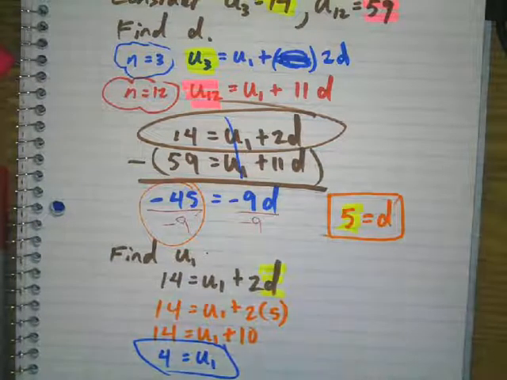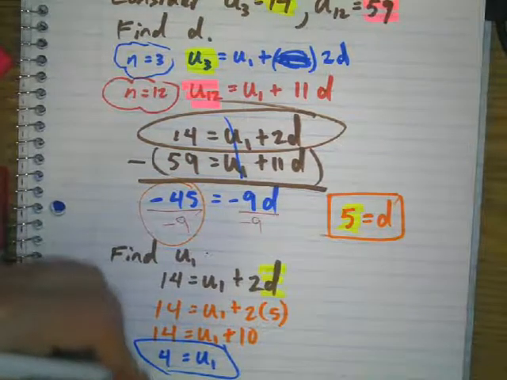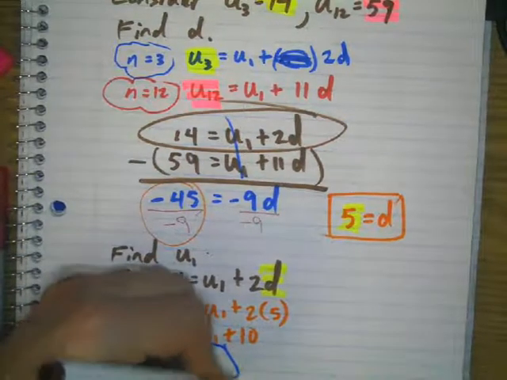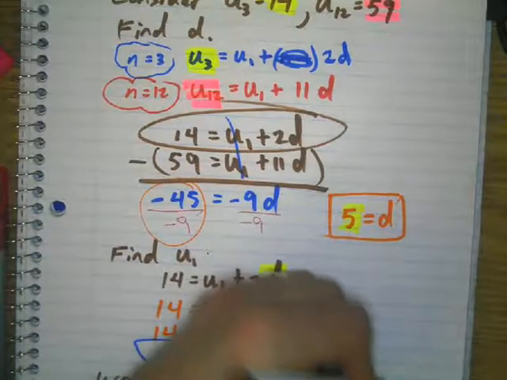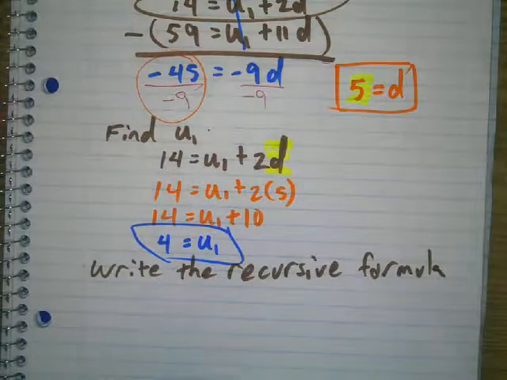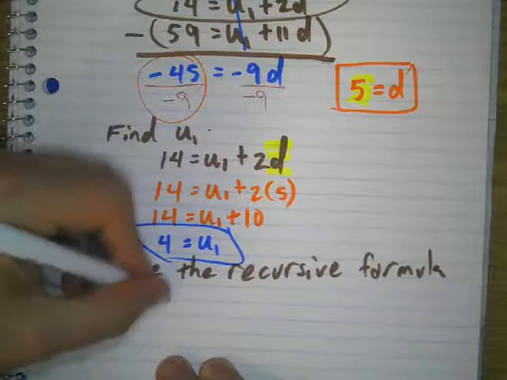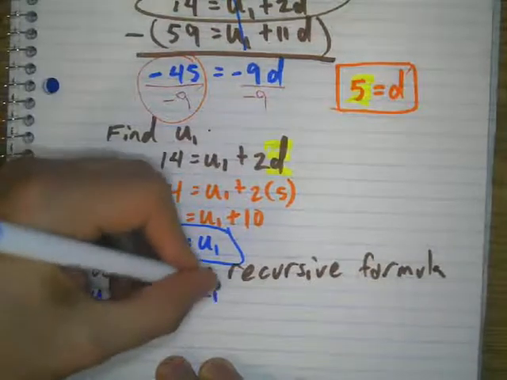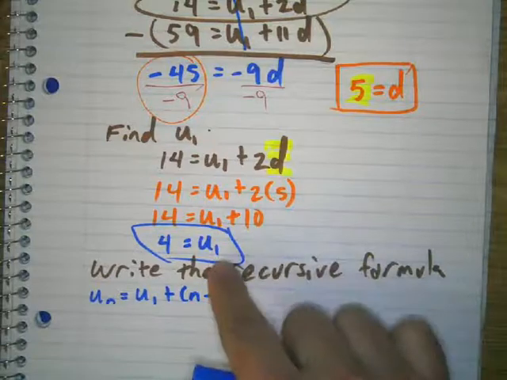Okay, and then if I ask you to write a recursive formula, in IB, we would be writing it like this. U sub n equals u sub 1 plus n minus 1 times d, and we would replace d with 5 and u sub 1 with 4.